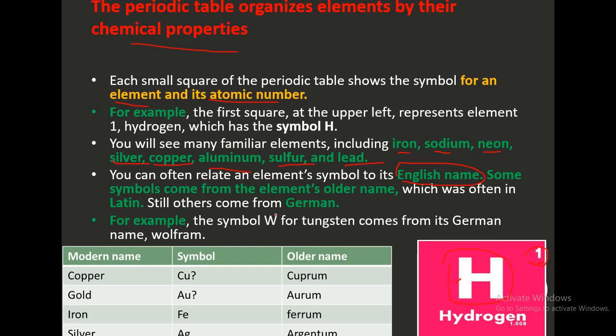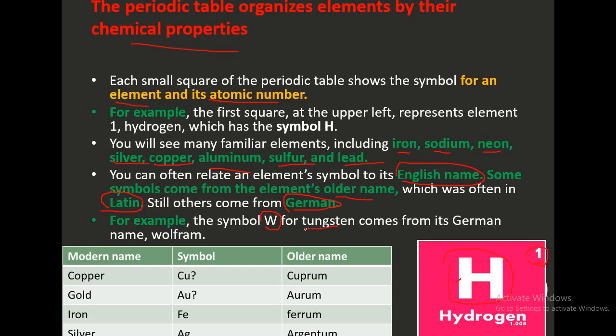Some symbols come from the element's older name, not all according to its English name, but some of them according to the older name, which was often Latin, and others according to the German name. For example, the symbol W is the symbol for tungsten.